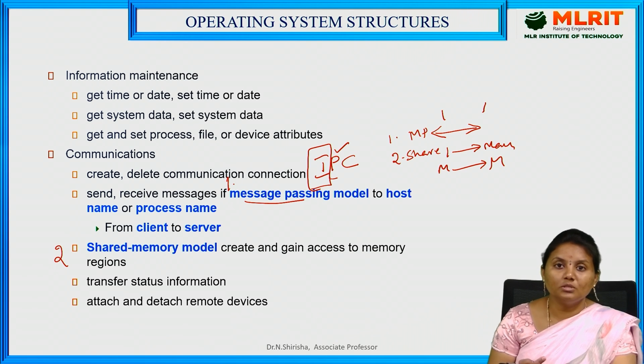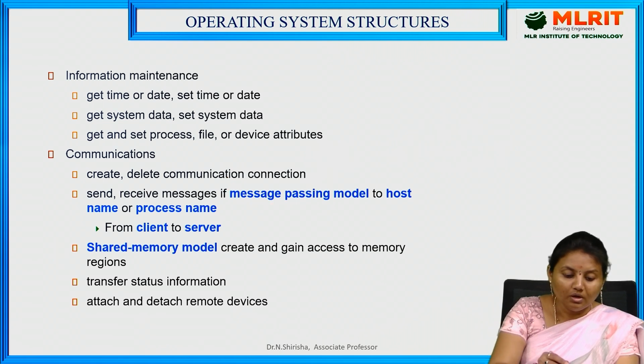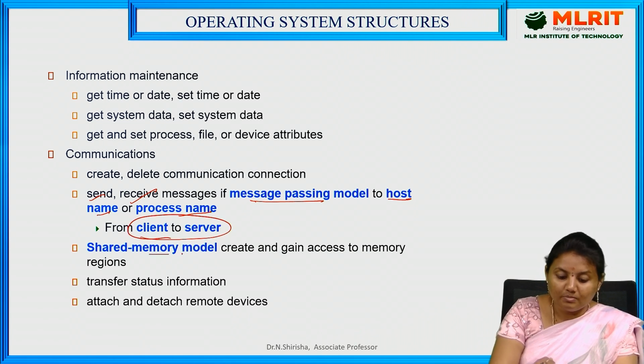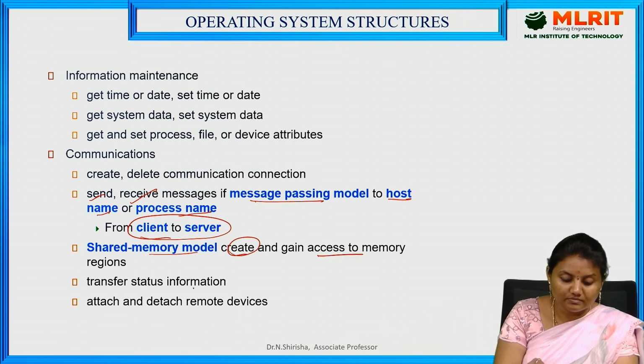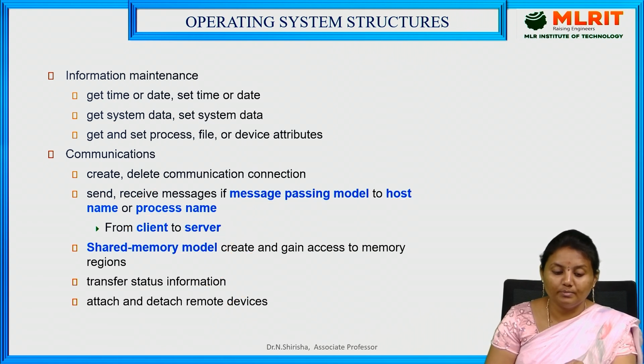System calls will vary based upon the requirement. In the message passing model, you send and receive messages to a host name or a process name, in a client-server model. The shared memory model is to gain access to memory regions, transfer status information, and attach or detach remote devices. This all happens when you talk about communication.